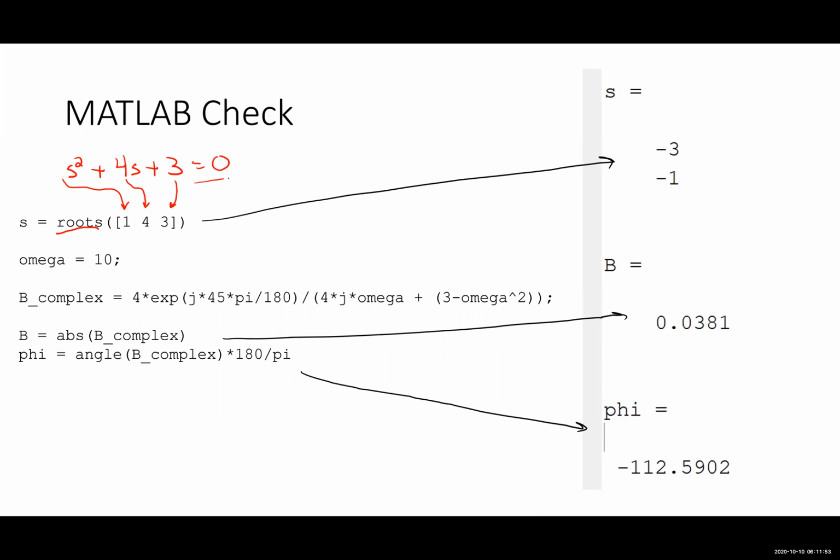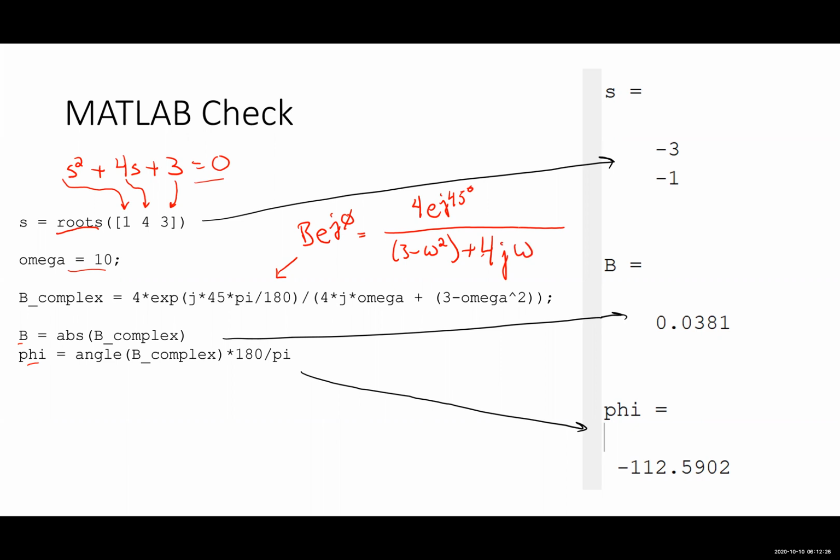And then, like I said, to get the b and the phi values, what I did here was I defined omega equal to 10, and then here, if you look, this is b e to the j phi equal to 4 e to the j 45. It's exactly what I had on the previous slide, right? So on the bottom, I have 3 minus omega squared plus 4j omega, like that.